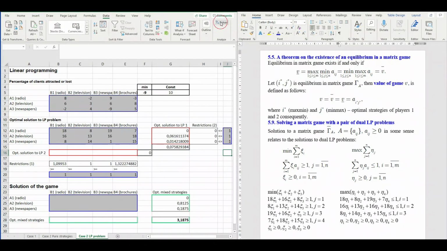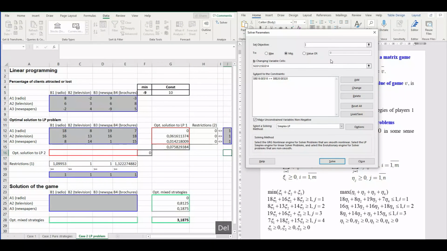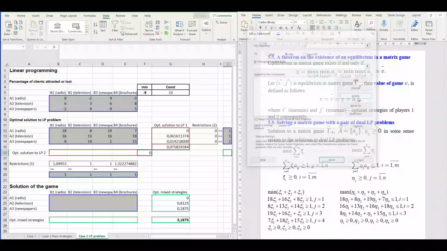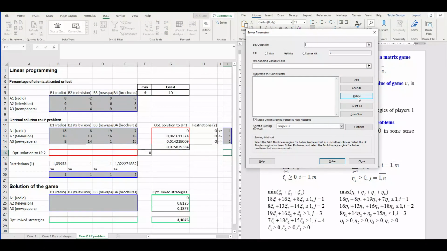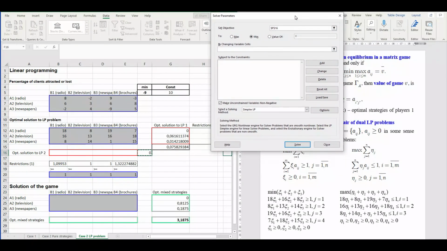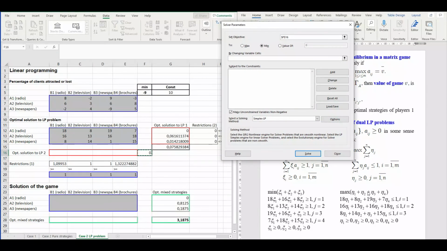We go to the data, we open Solver, we delete all of the previous data, and let us fill in the new data. The objective function now is in the cell F16, and according to the problem statement we need to maximize our objective function. We choose the corresponding option, maximization.